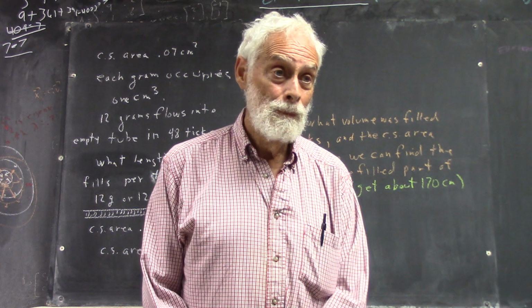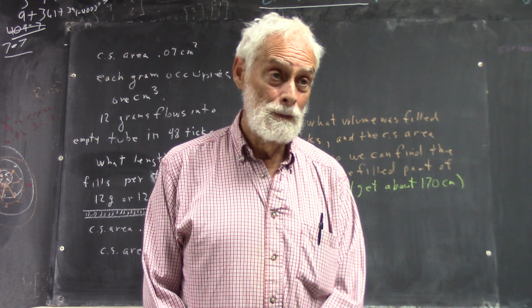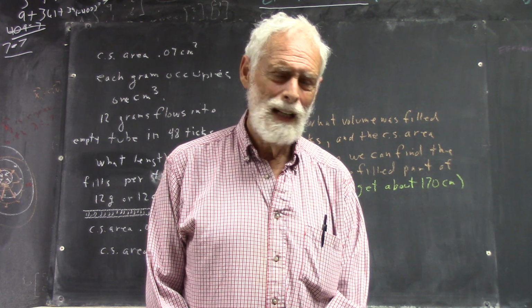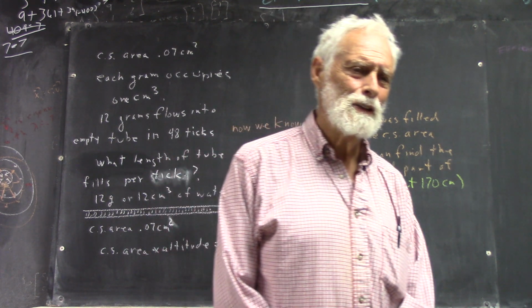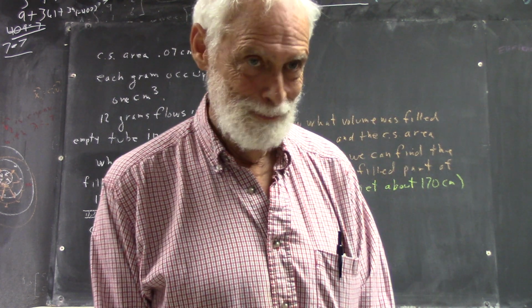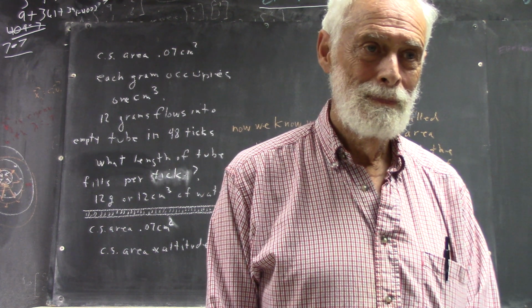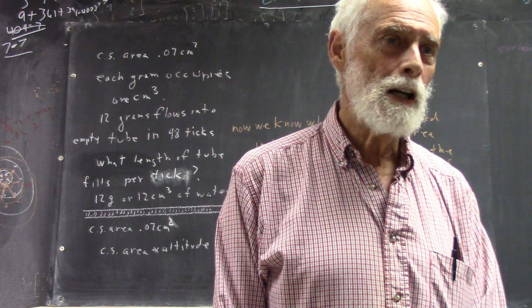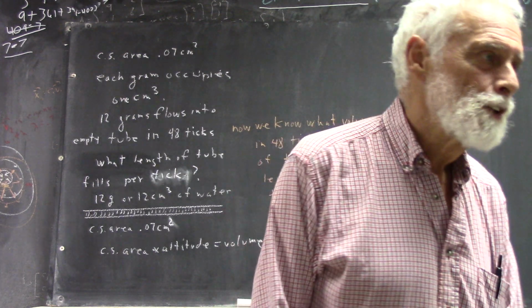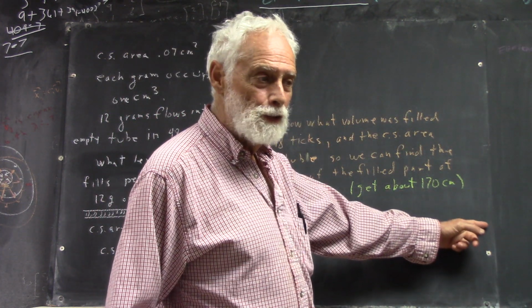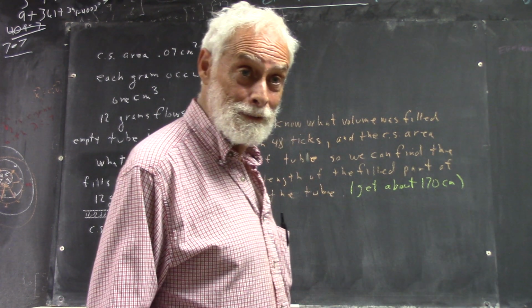I don't want a number, I want a process. What do you do? Would you divide 170 by 12? No, 170 by 48, 48 ticks. We're talking about how far it goes per tick. So you have to visualize that there's 170 centimeters that gets filled in 48 ticks.